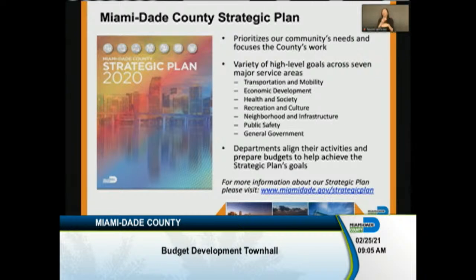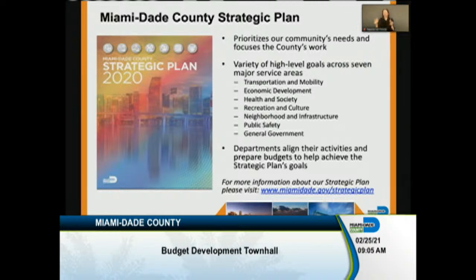Some of the departments that make up the major service areas are as follows. Transportation and mobility includes our transportation and public works departments. Economic development includes our airport and seaport. Health and society includes public housing and homeless trust.